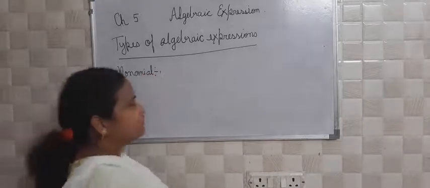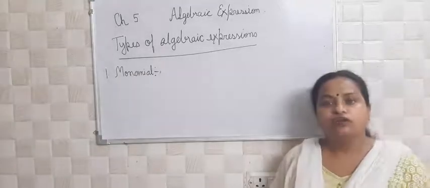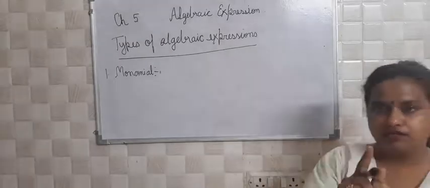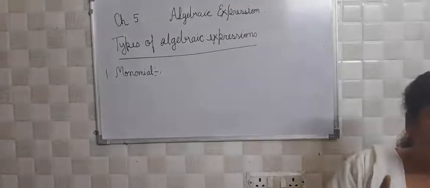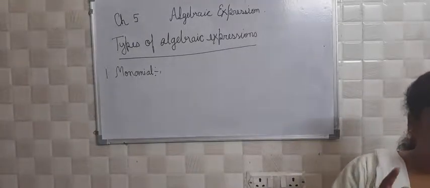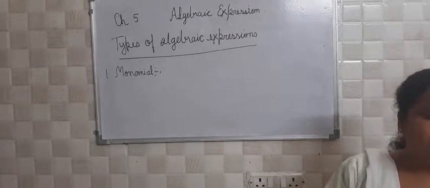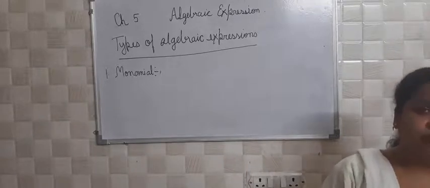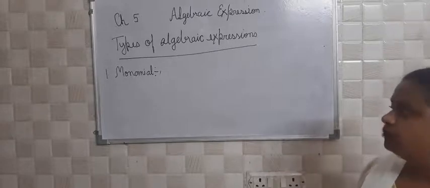In types of algebraic expression, first one is monomial. What is monomial? We know mono means one. An equation having one term, with whole number and exponents, whatever, with one term is called monomial.